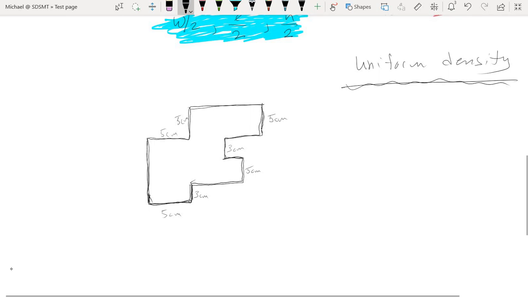We'll do 6 centimeters for this side. We'll say 5 centimeters for this side. We'll do 3 centimeters for this side.